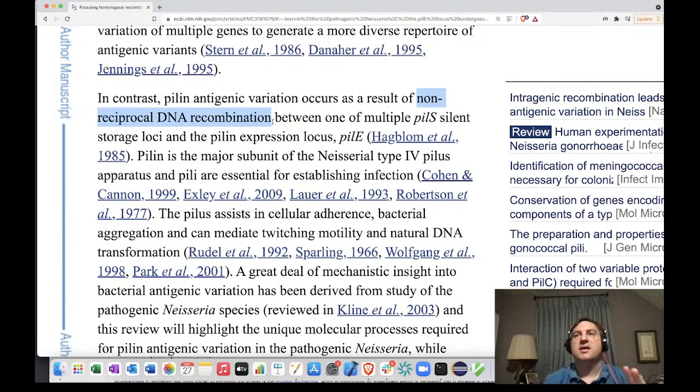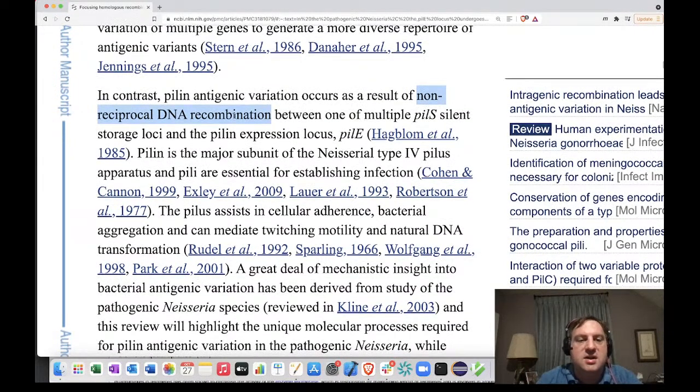Okay, so it's basically saying we've got these silent pseudogenes, and the main expression site, we're not going the other way. We're saving these pilS genes because they're important. We need the sequences. We're not coming from the produced gene back to the storage area. We're only going from the storage area to the gene.